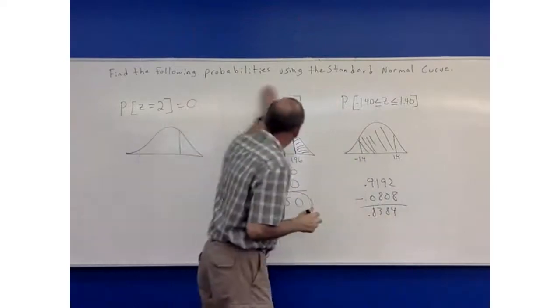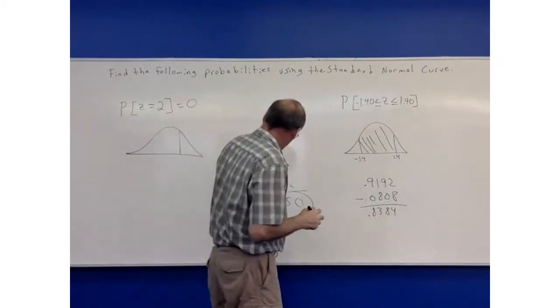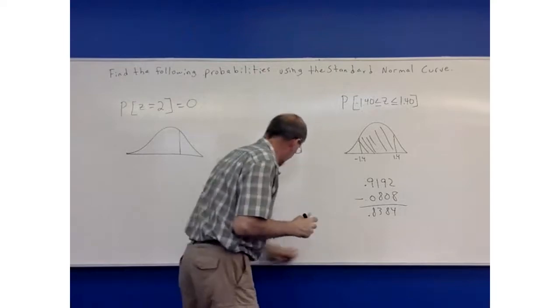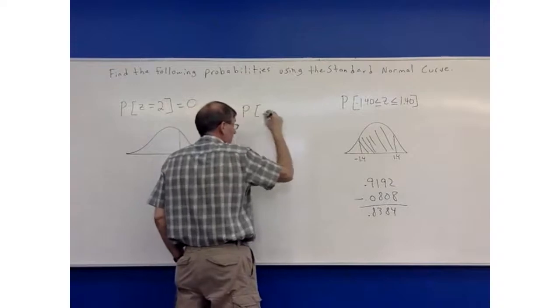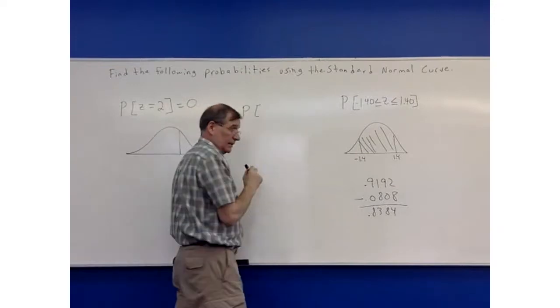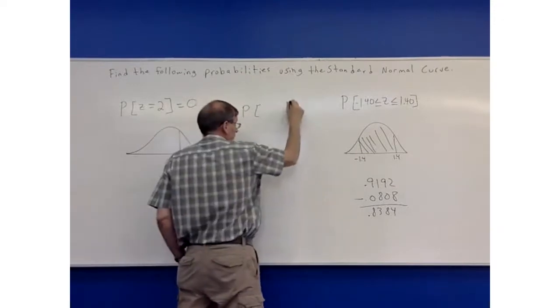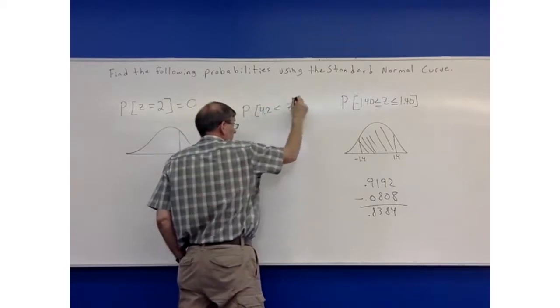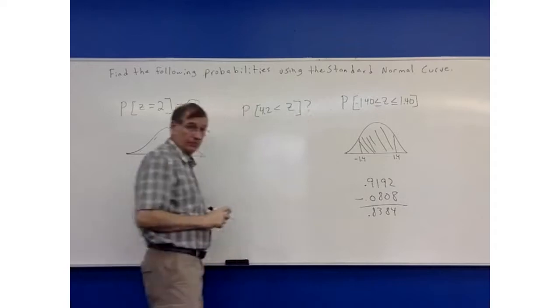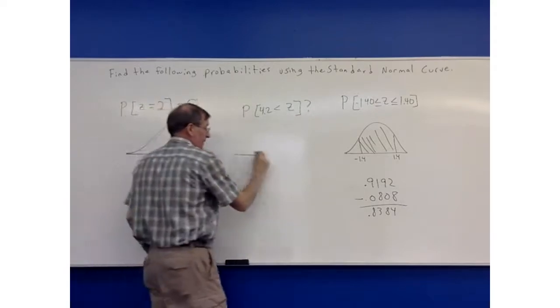Now, one thing I haven't shown you is the following. What if we have something like this: the probability that Z is greater than 4.2? Okay, let's draw what that looks like.